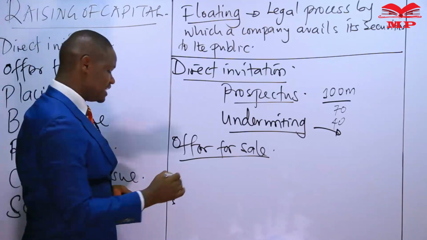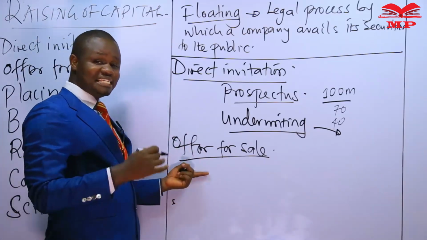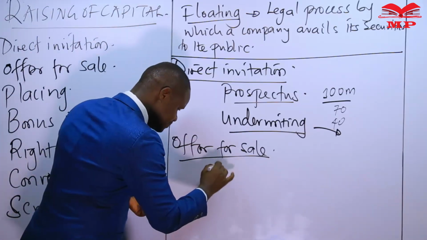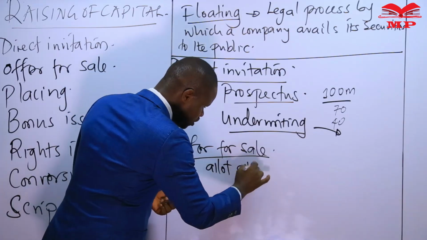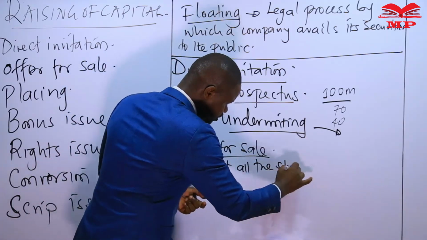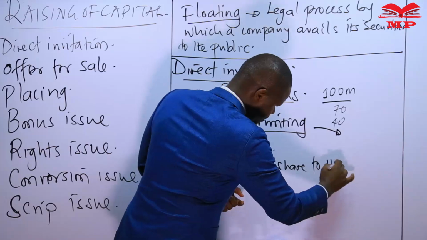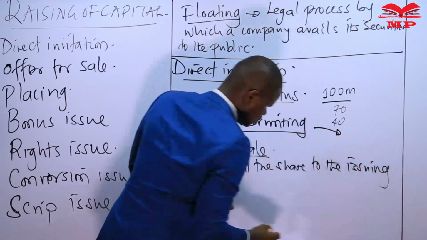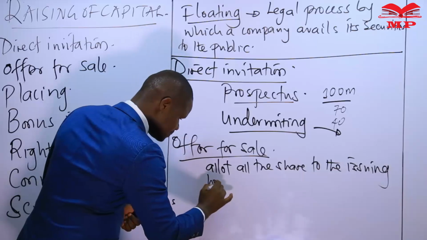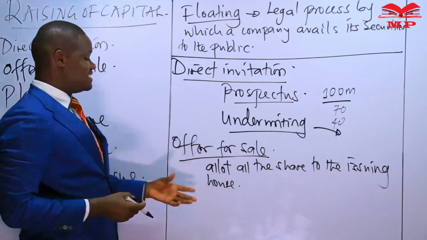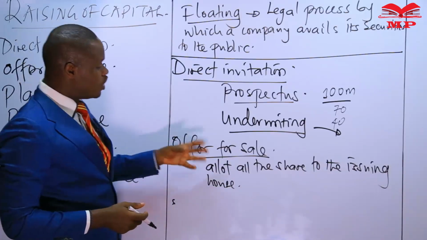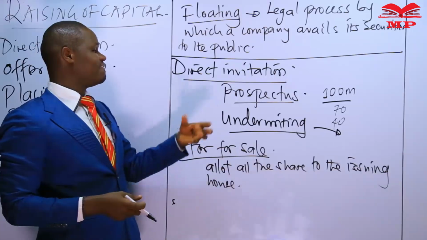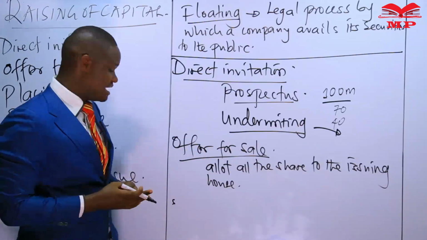So what happens is that the company raising capital will allot all the shares to the issuing house, so that this issuing house now goes on to take up what the company raising capital would have done.